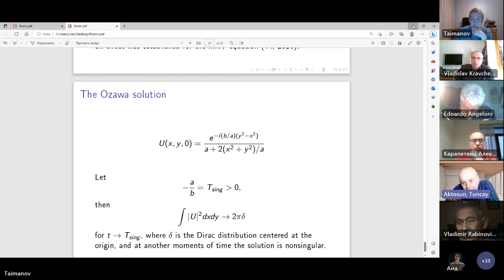Normally when you do the inverse scattering transform, you consider the entire spectrum, but the spectral parameter is independent of t. So naturally, you get, I guess, rational solutions.